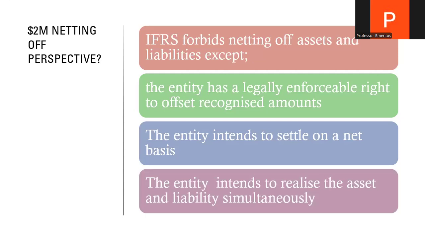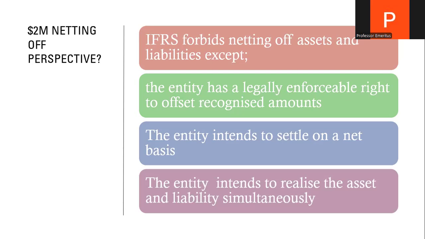For netting of assets against liabilities, the rules only change if the entity has a legally enforceable right to offset recognized amounts, and these normally fall within the purview of financial assets and financial liabilities, or the entity intends to settle the contract on a net basis, like netting deferred tax asset against current liability, or they want to realize the asset and liabilities simultaneously.